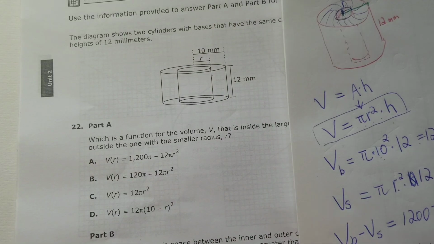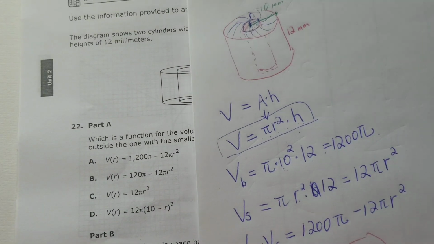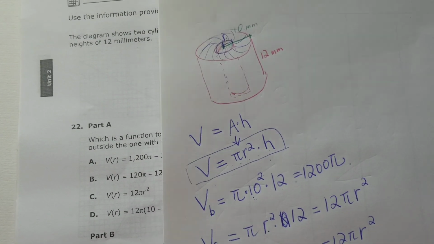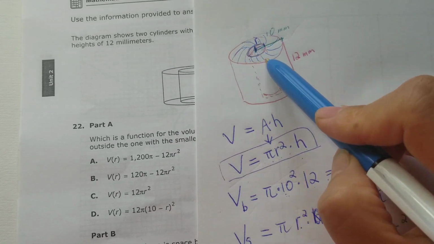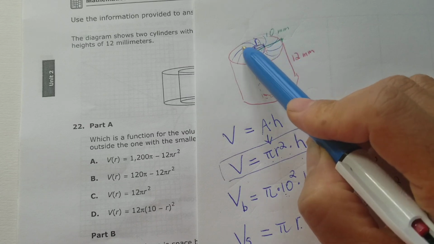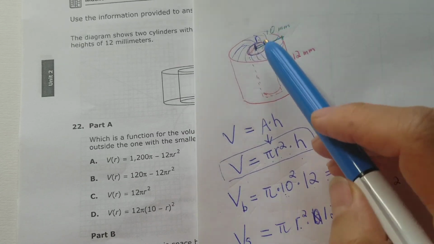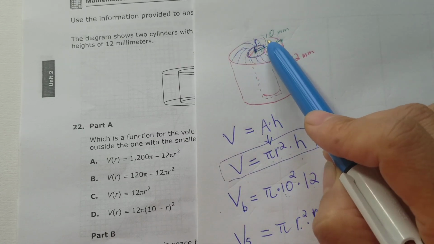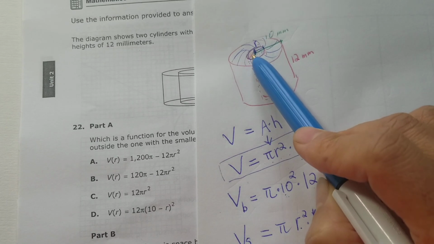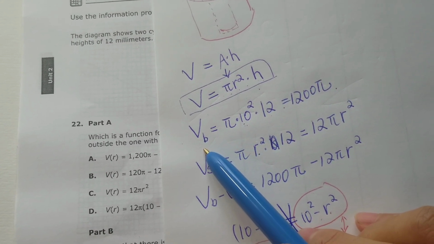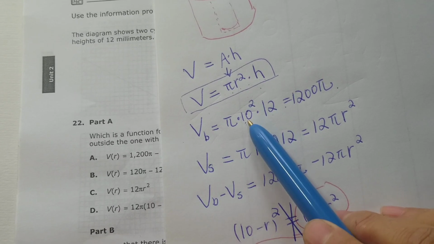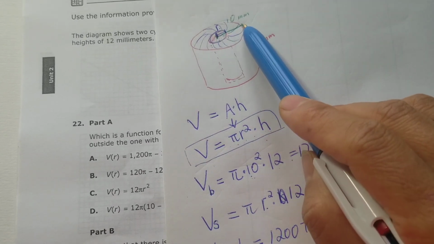Let me quickly review question number 22. The question asks you to find the value for the inner part. You can think about it as finding the value of the toilet paper without the hole in the middle. So we find the value of the bigger cylinder by using r equal 10.